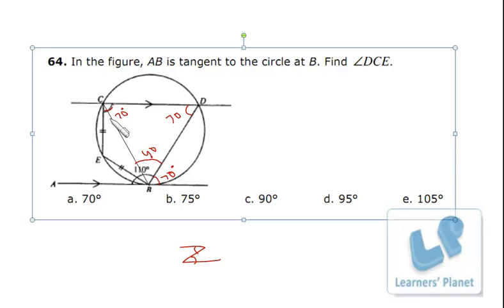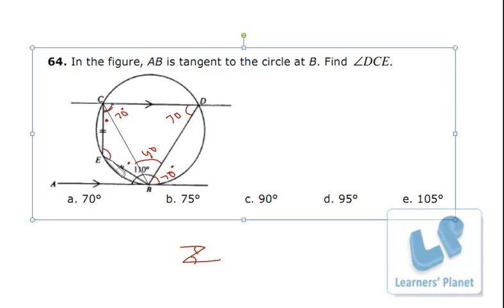Okay, let's see what happens. Now this is 70, this is 110, because CEBD is a cyclic quadrilateral, so the opposite angle should be 110. Now EC is equal to EB, that means this angle and this angle should be equal.